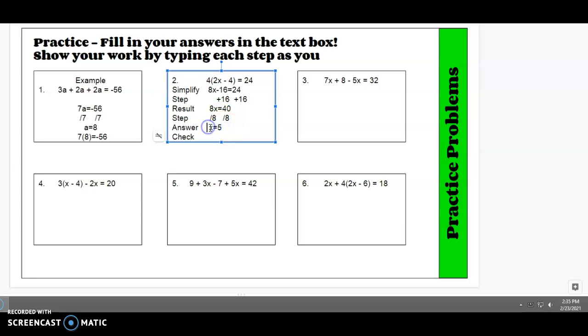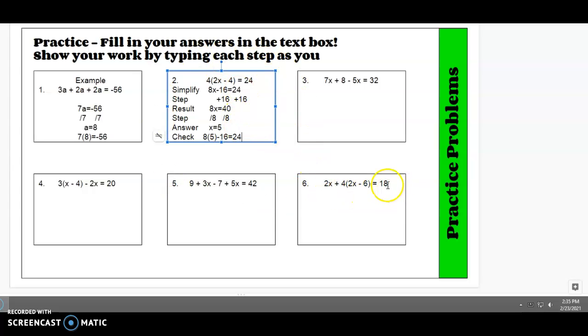So our answer is x equals 5. When we check it, you can either go up to the original equation or the simplified equation and substitute x back in. So 8 times 5 minus 16 does equal 24. Okay, that's how you're going to do this.